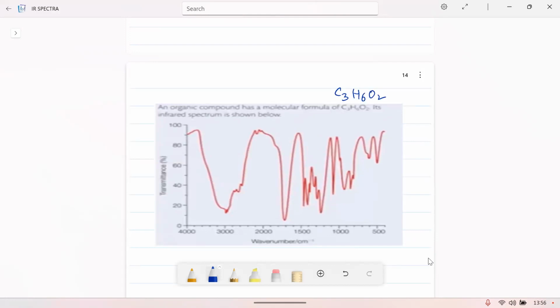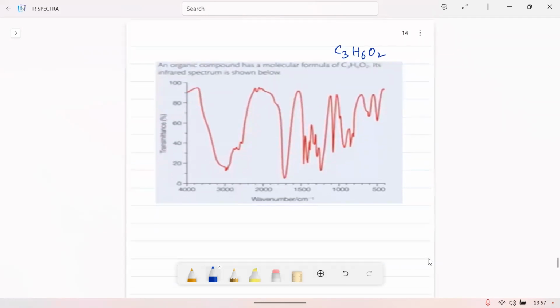And the mass spectra is given to us, and they are asking us to identify this substance, the organic compound.